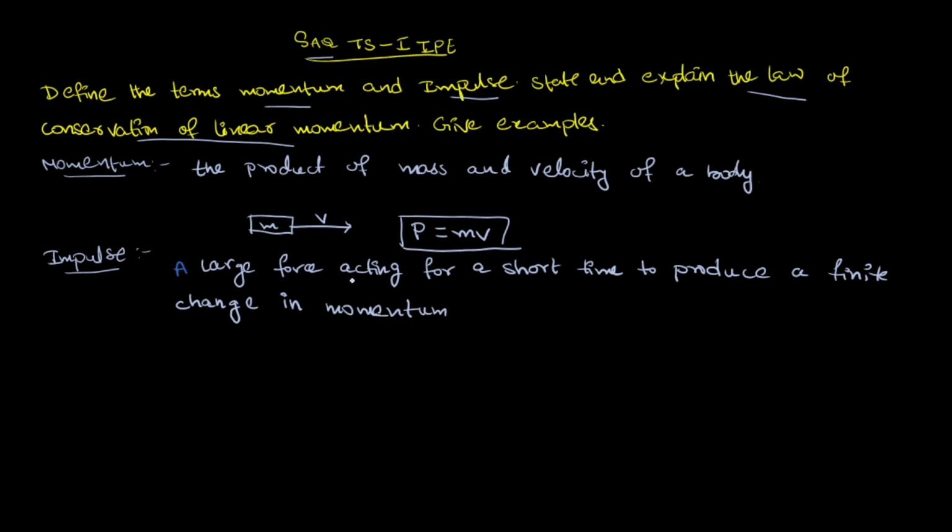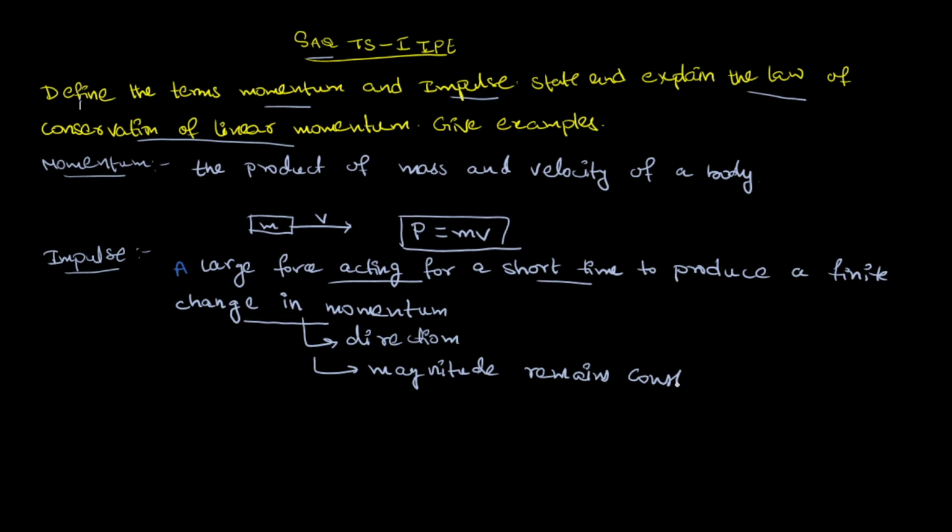See, force is acting on a body for a short time, which produces a change in momentum. Here the momentum will change in direction only. The direction of the momentum changes, but the magnitude remains constant. So the change of momentum is in direction only, not in magnitude.